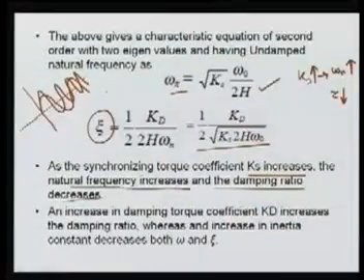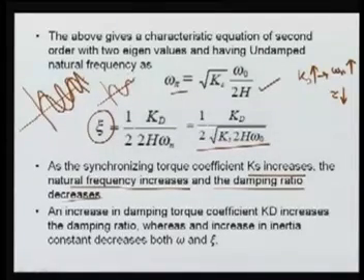For example, if the system decays in 1 to 1.5 cycles and you increase this K, what will happen? The oscillations will now have several cycles, and the damping will go on for a longer period. Means the damping coefficient is reduced, so it will take a longer time to damp out.